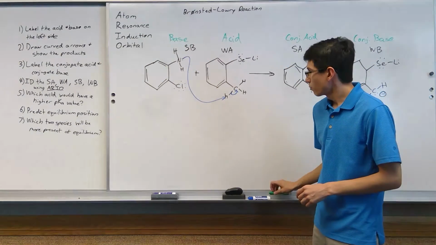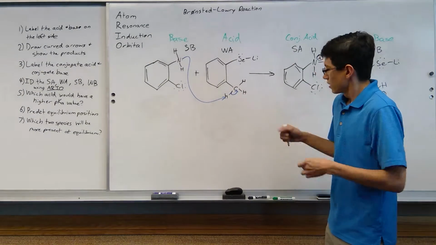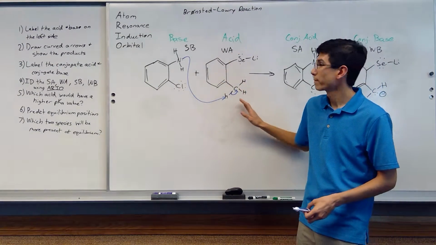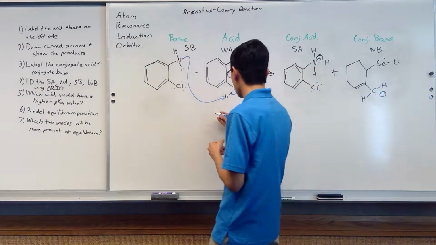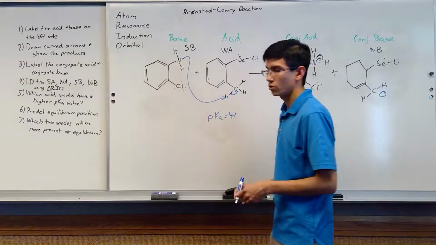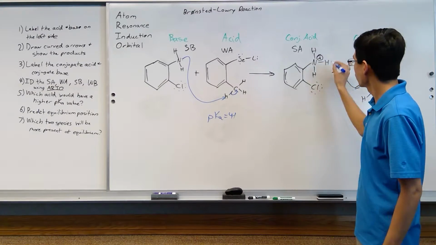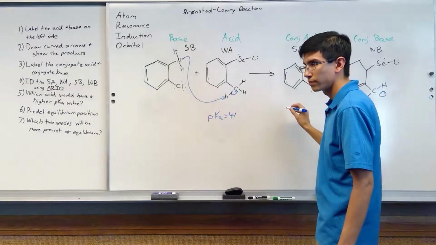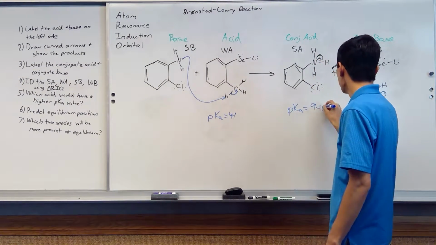Now we need to decide which acid would have a higher pKa value. The functional group on the reactant side is the benzylic hydrogen, and its pKa value is equal to 41, whereas the pKa value for the ammonium ion hydrogen functional group is about 9 to 10.